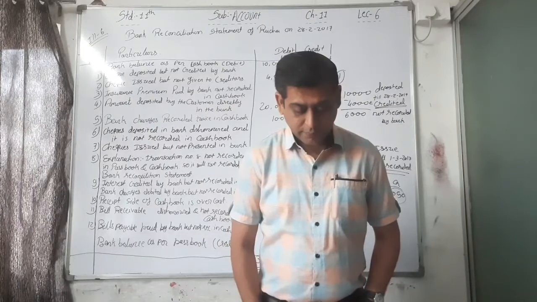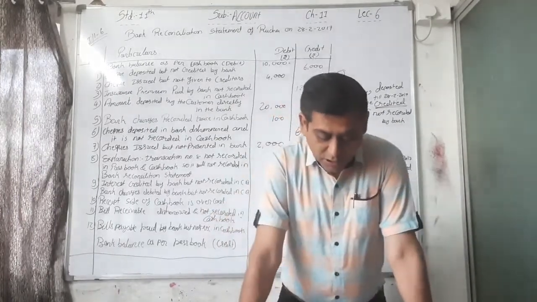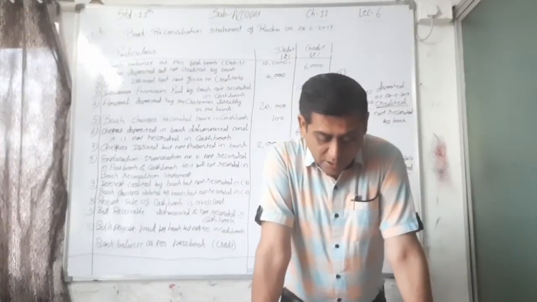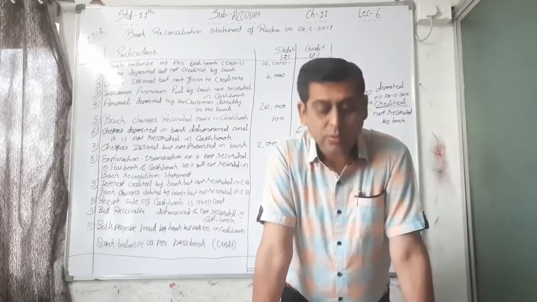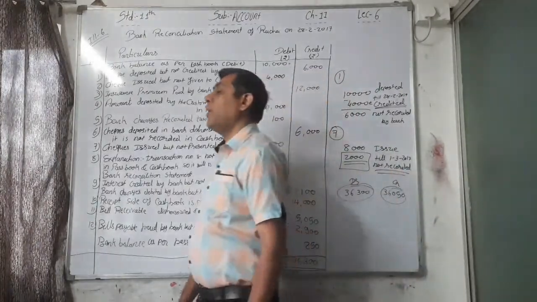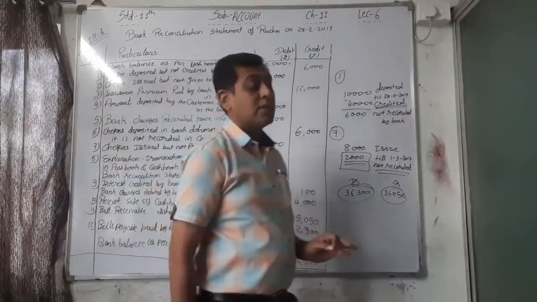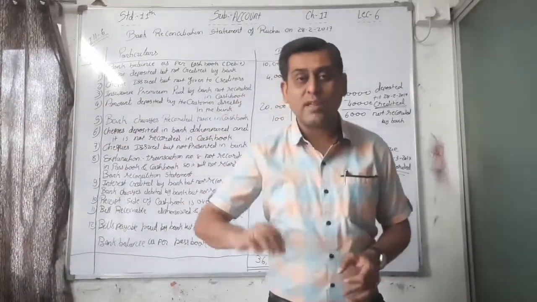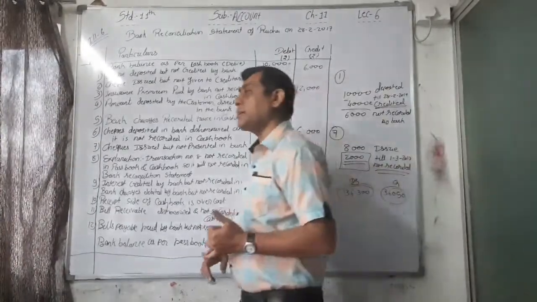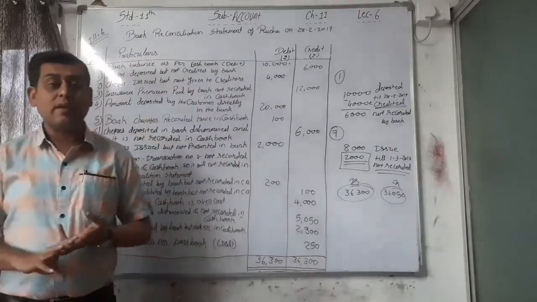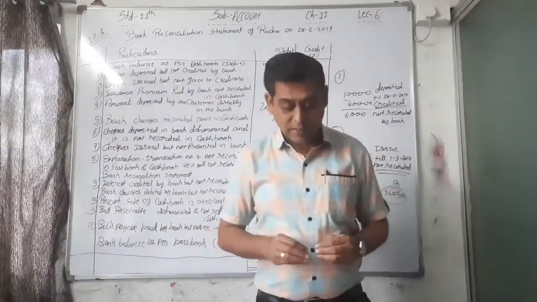Sixth point, bills receivable discounted with the bank, 3,000, and the bank recorded the amount in the passbook including the noting charges of 40, which is not known to Naresh. Dishonoured: whenever the word dishonoured is there, we have to credit all the amount, that is the bills receivable amount as well as the noting charges. 3,000 is the bills receivable amount and 40 rupees is the noting charges.